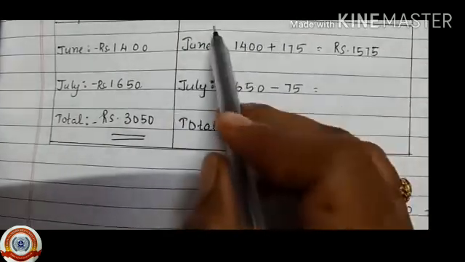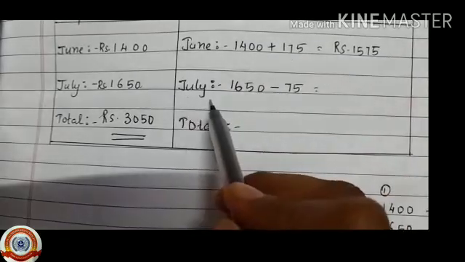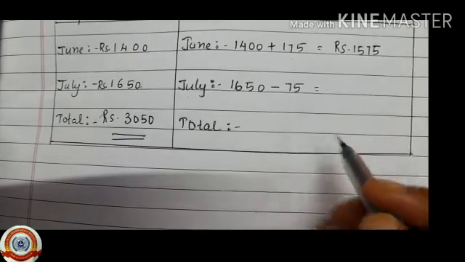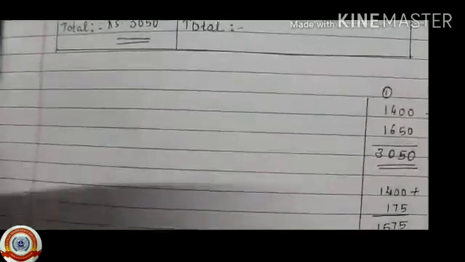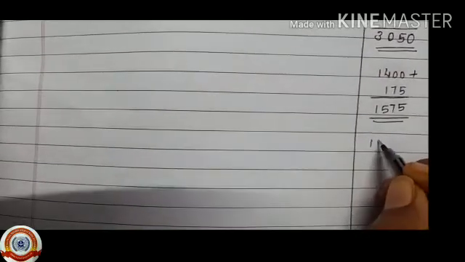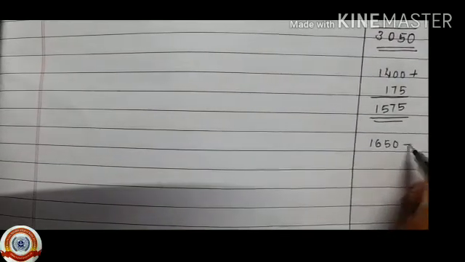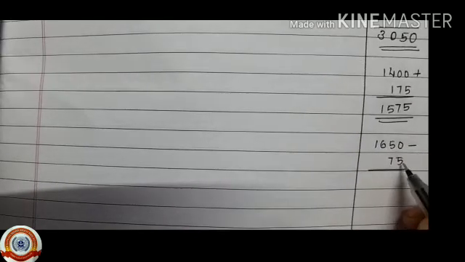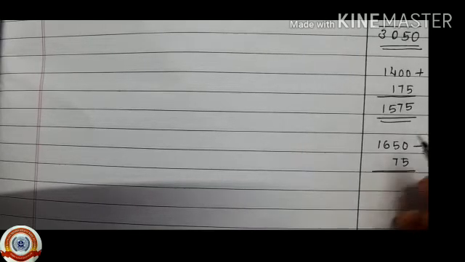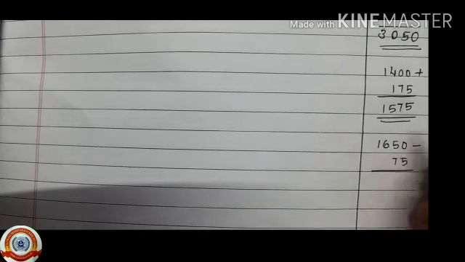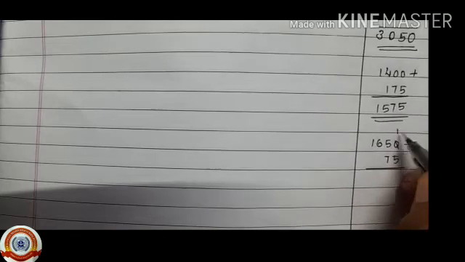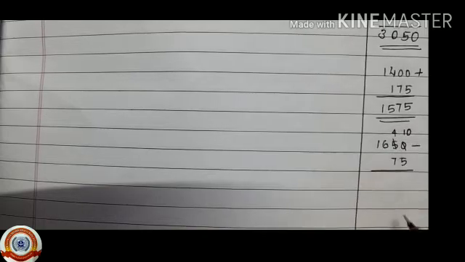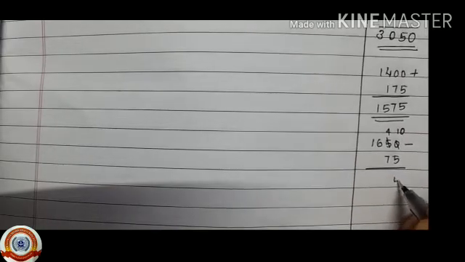Then, the deposit of Sanu in the month of July. To find out that, subtract 75 from 1650. That is 1650 minus 75. Can we subtract 5 from 0? No. So, we have to borrow 1 from 5. So, 0 becomes 10 and 5 becomes 4. 10 minus 5, 5.